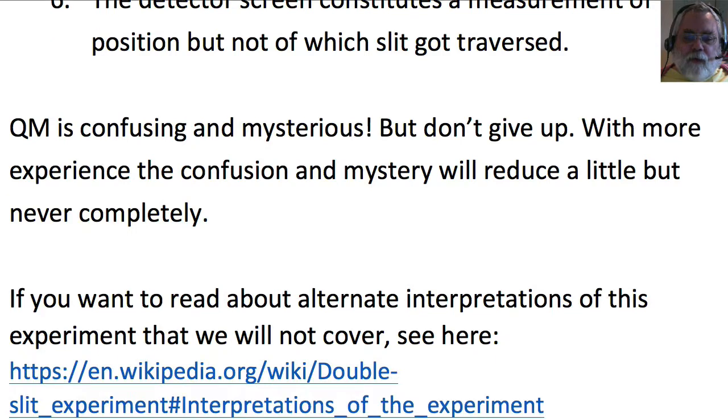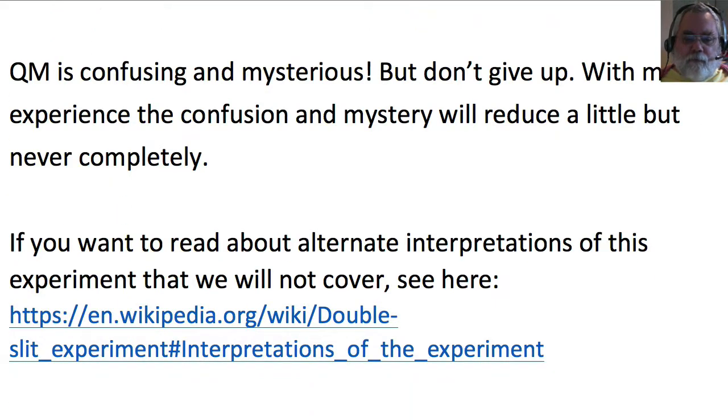If you want to read about alternate interpretations of the experiment that we will not cover, you can go to this link on Wikipedia. However, I caution you, in general, for the multiple interpretations, there are no experiments that have been found that determine that one interpretation is correct and the others are incorrect.